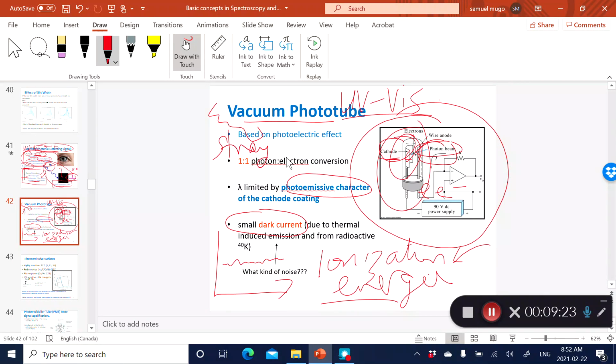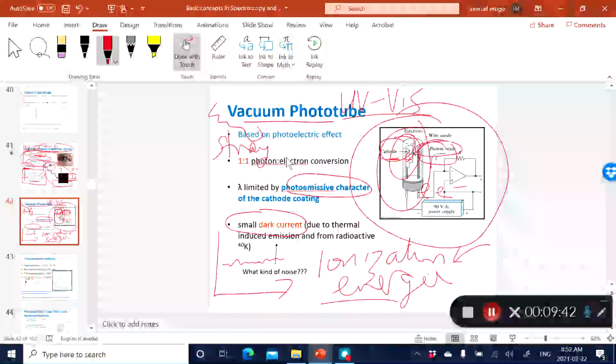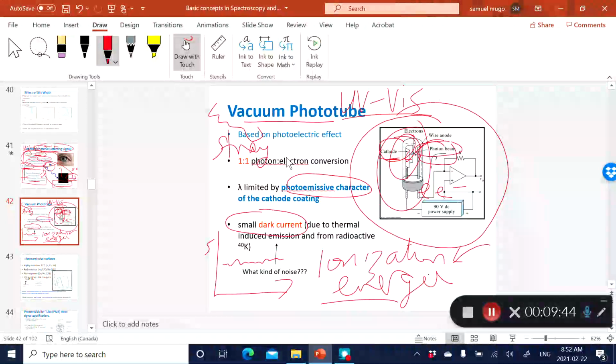And the stray light could be coming from the lighting in the room, and it penetrates through the joints in the instrument and ends up in this photoemissive material. So you've always got this dark current that contributes to the background signal of your instrument. So this one is a typical type of noise that is always present with a vacuum phototube.